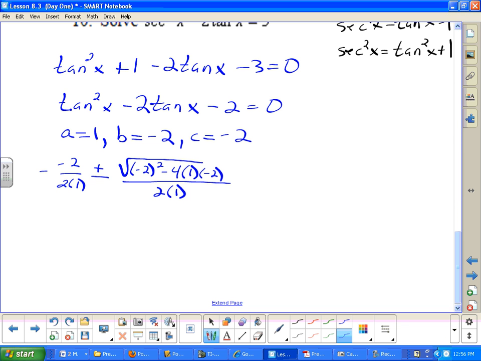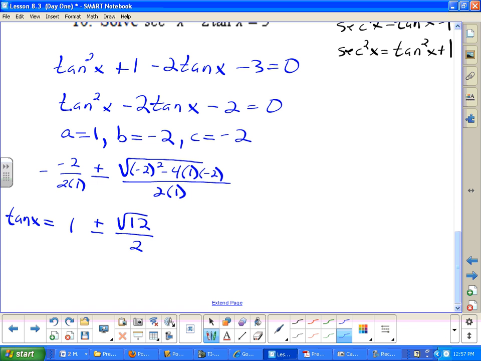Hopefully you remember the quadratic formula. So this is 2 over 2 is 1. -2 squared is 4. 4 plus 8 is 12. Now, this is what tangent of x equals, because that's our variable we're working with.